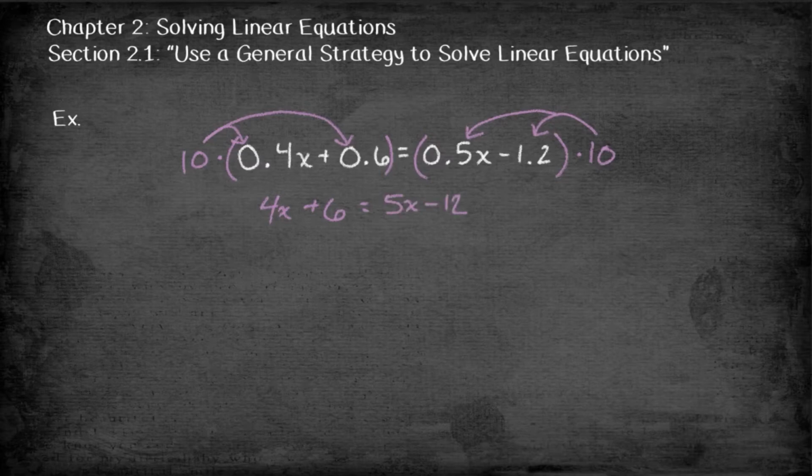Want to collect variables on both sides. So I'm going to subtract 4x from both sides. I'll end up with 6 equals x minus 12. And then I'm going to add 12 to both sides. And so I have that 18 equals x is my final answer.